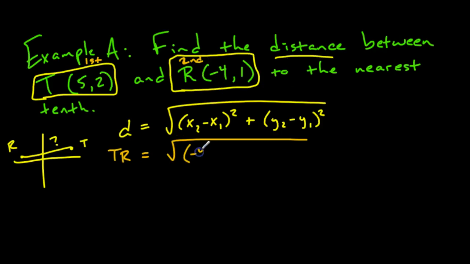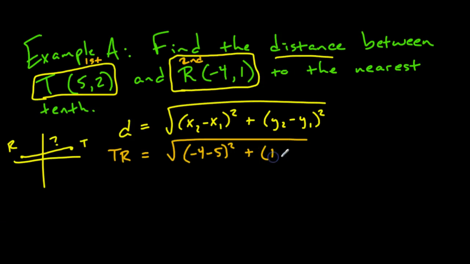So we've got x2, which is negative 4 minus 5. And I got the negative 4 from right here, the second point. Negative 4, x2, second point, minus x1. The 5 is your x1, so I've got negative 4 minus 5 squared.